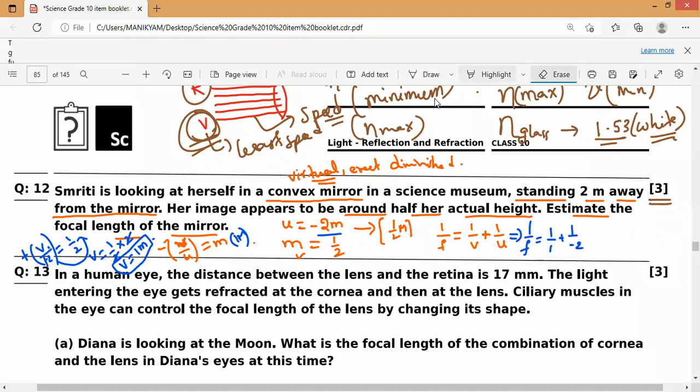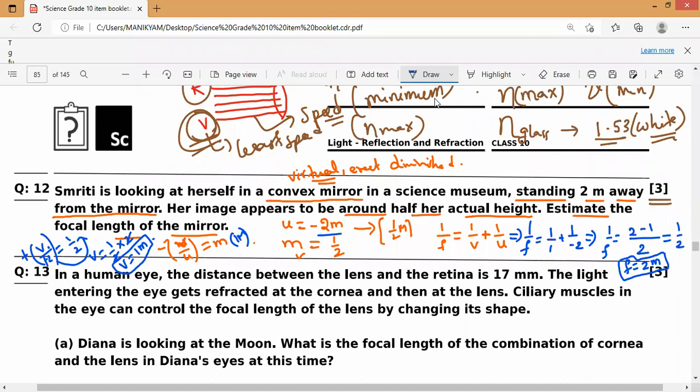So solve it. 1 by f is equal to, taking 2 as the LCM, 1 into 2 minus 1, which is equal to 1 by 2. Reversing, f is equal to how much, guys? 2 meters. Now tell me, is the focal length positive or negative for a convex mirror? Positive. So you will get the answer.